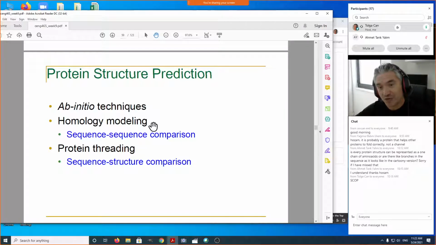Since there is no sequence similarity, you cannot do homology modeling. The only option that remains, but you still shouldn't feel desperate, is the protein threading method, which I call the Cinderella method.